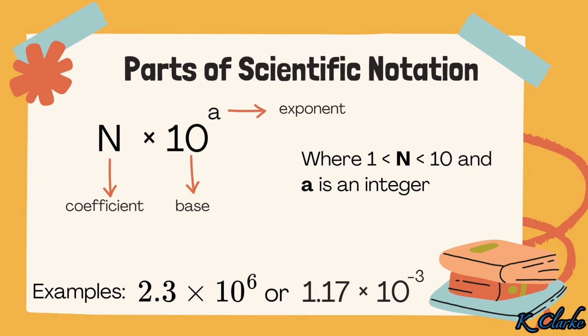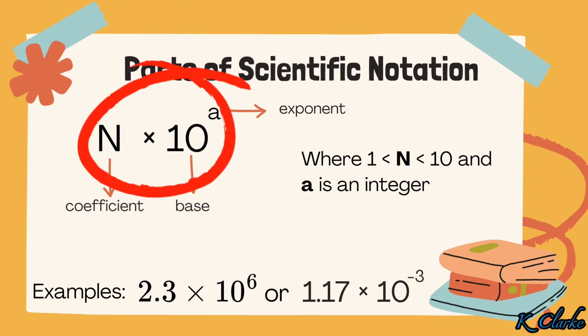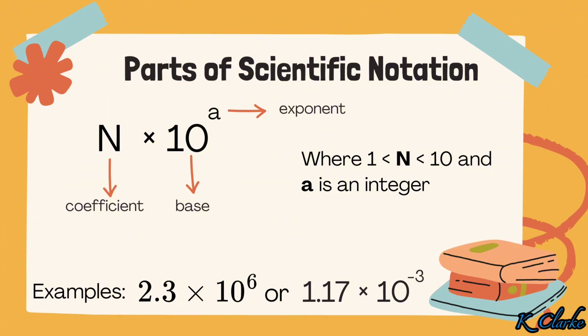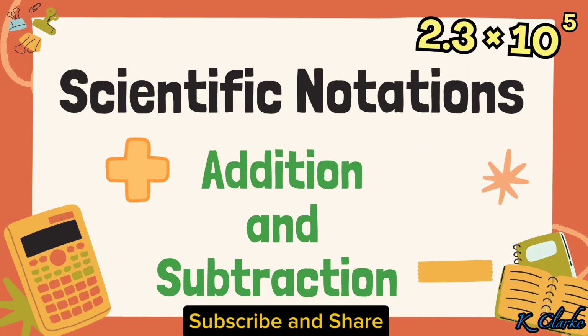Scientific notation is written as n times 10 to the power of a, where n is less than 10 but greater than 1, and a is an integer, meaning a negative or positive number. Now, we are going to explore addition and subtraction of scientific notations.